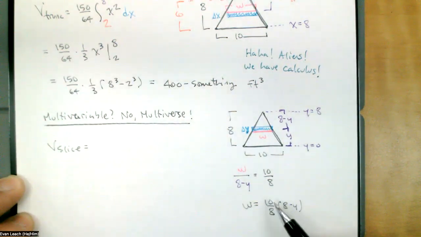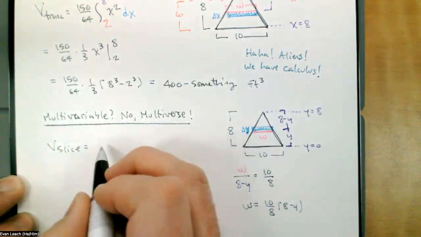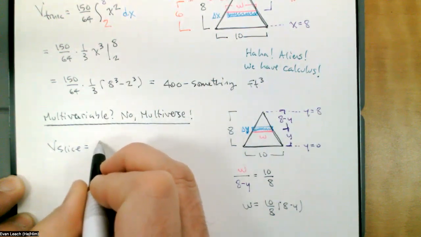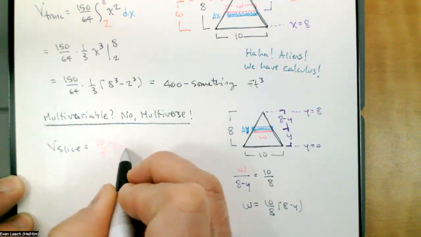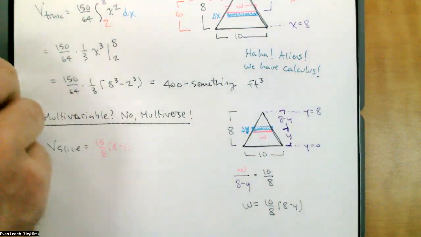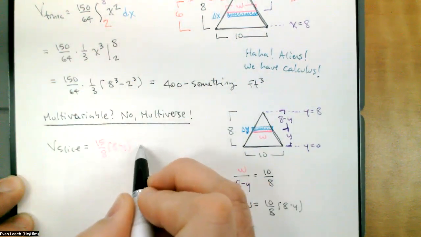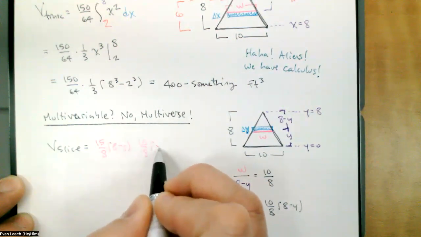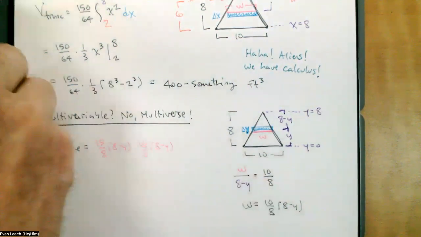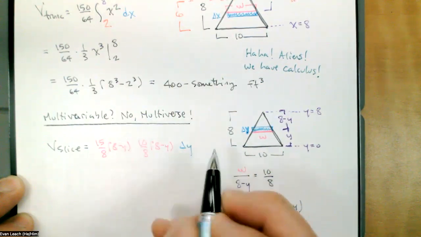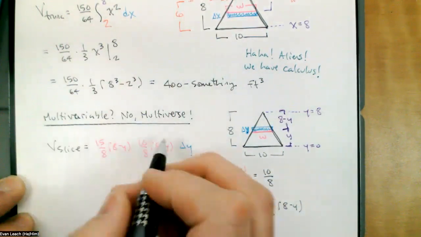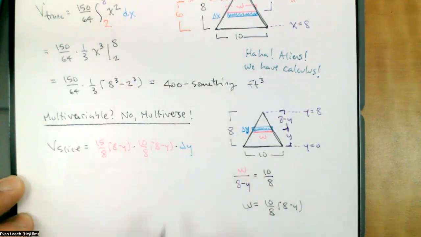My length will be 15 over 8 times 8 minus Y. The width will be 10 over 8 times 8 minus Y times the height, which is delta Y. And this is what we're going to set up in our definite integral.